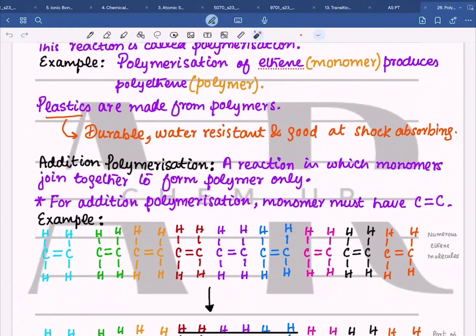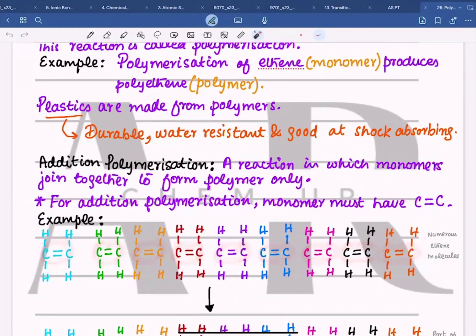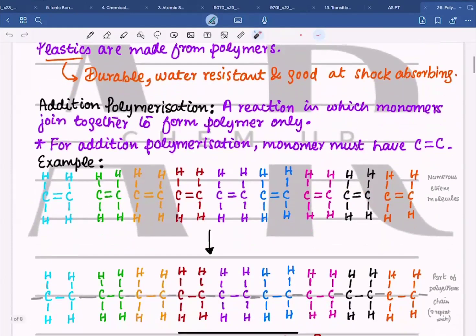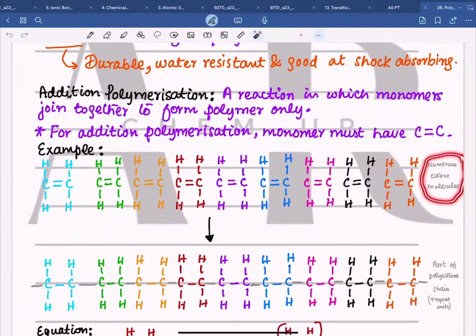And then what will happen? The double bond in each molecule is broken, and as a result, these molecules start to bond with each other and form a very long chain like this, as you are observing at the bottom of the screen now.